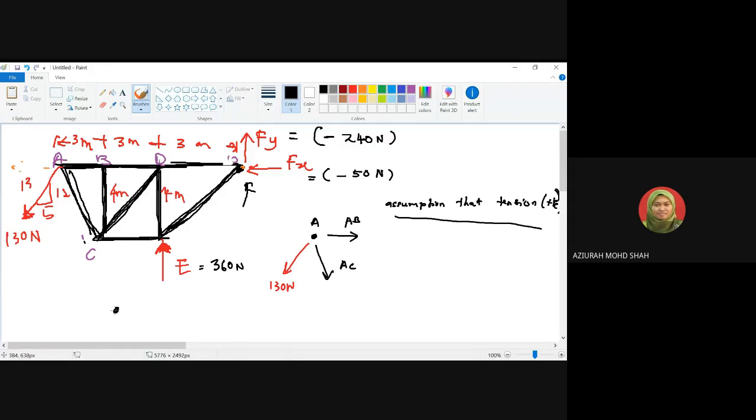Sebab kita dah draw FBD dia kan, at join B. We know that this is AB, this is BD. Okay, BC, actually kita dah tahu dah BC ni kosong. AB dengan BD, we know that it should be similar. That's why Rashid cakap tadi satu unknown betul. Tadi Nabil cakap dua unknown pun betul. Dua unknown tu sebab kita tak kira lagi. Tapi bila kita kira, we know that AB is actually equal to BD.